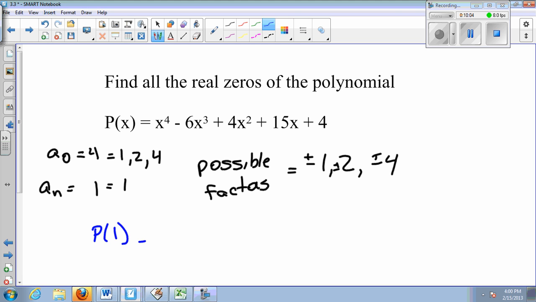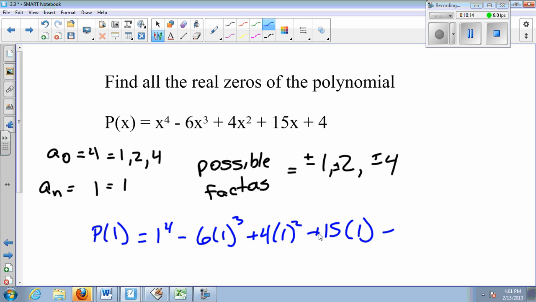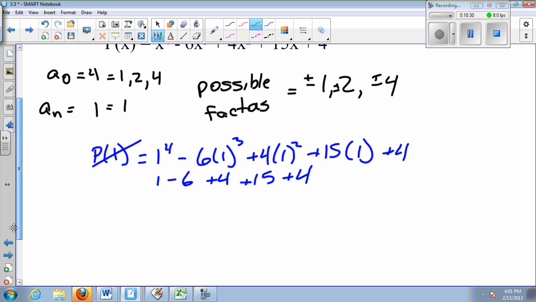If we try 1, it goes 1 to the 4th minus 6 times 1 plus 4 times 1 plus 15 times 1 plus 4. So 1 minus 6 plus 4 plus 15 plus 4. That does not equal 0. So 1 does not work. So let's try negative 1.